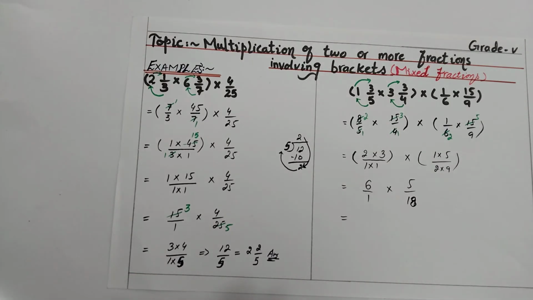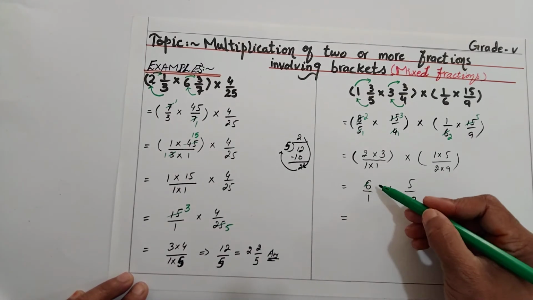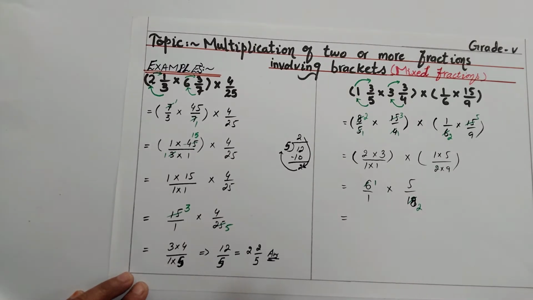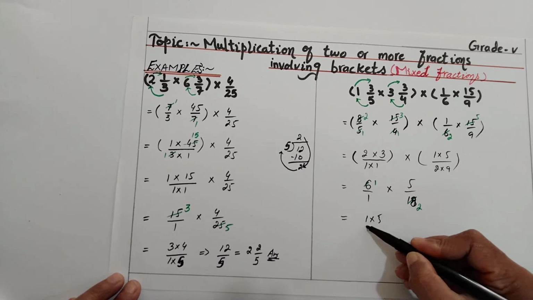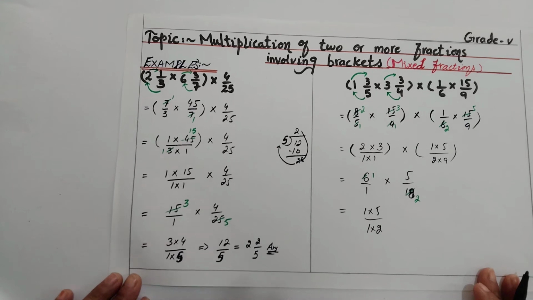Yes, here is a possibility of cancellation. We have the common factor. 6 is the common factor of 6 and 18. 6 ones are 6 and 6 twos are 18. Now we have to write the left numbers. In the numerator we have the left number 1 and 5, and in the denominator we have 1 into 2.